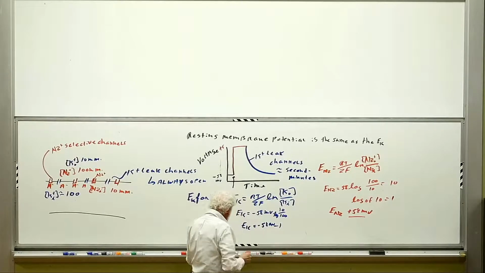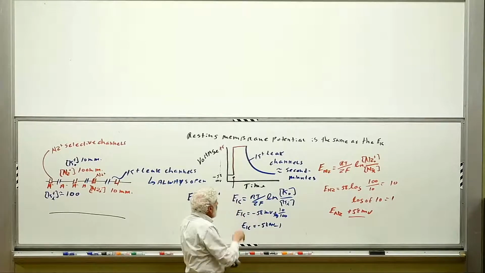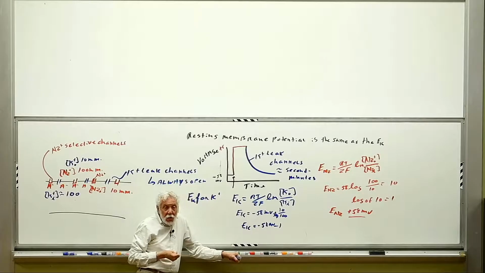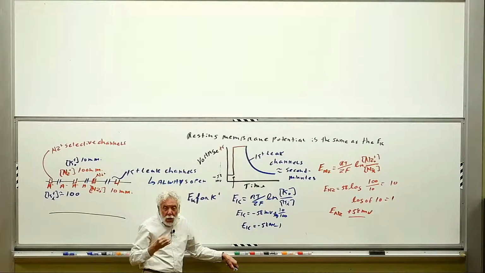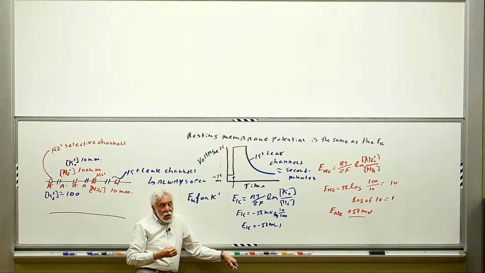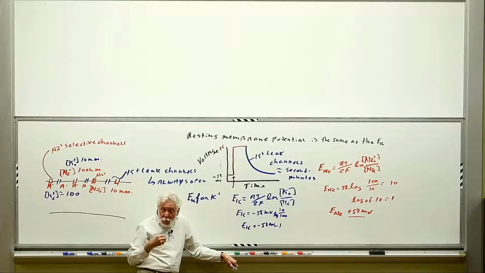But we know from measurements of neurons that neurons can often fire 100 times a second. So that means there has to be something to make this repolarization event much, much more rapid. And so in the biological system, we're now going to invoke a third set of channels.